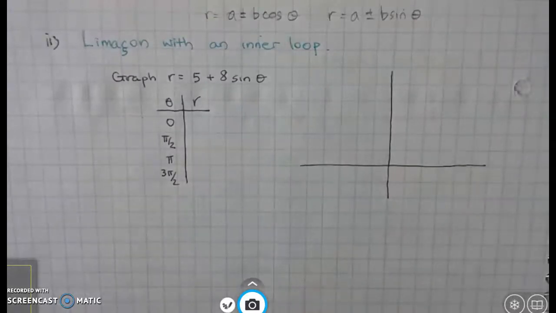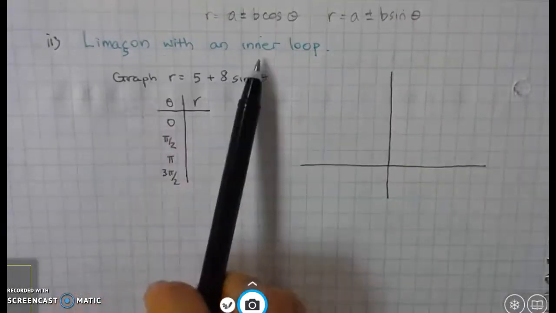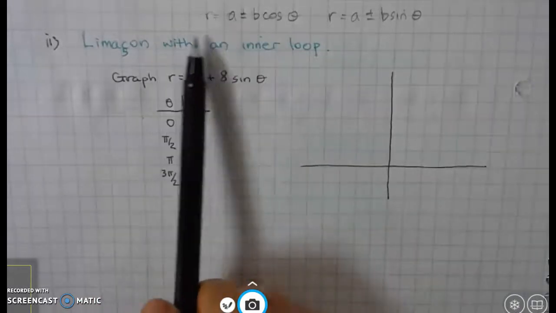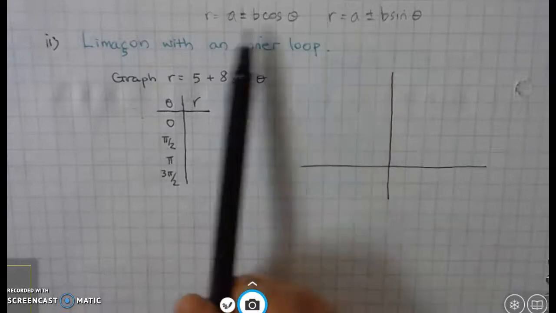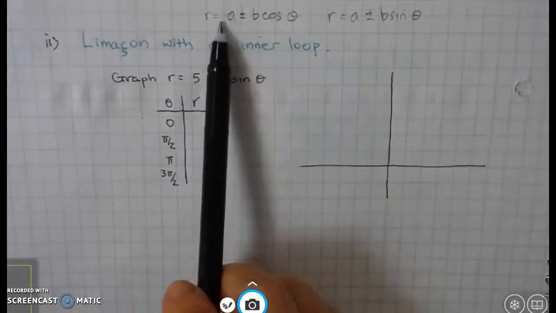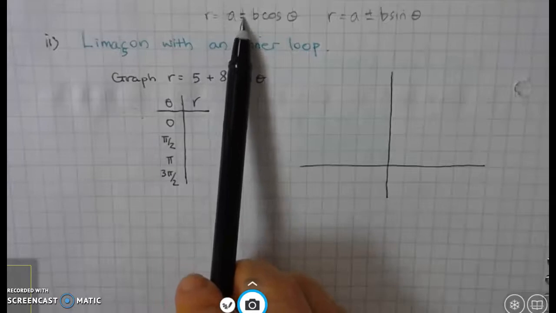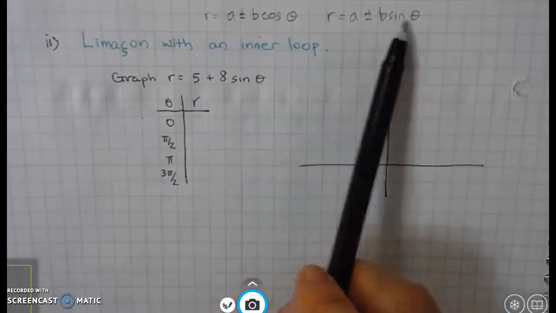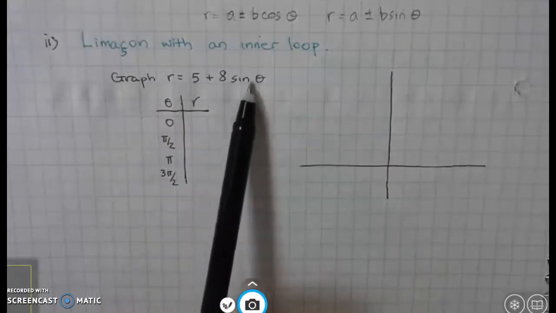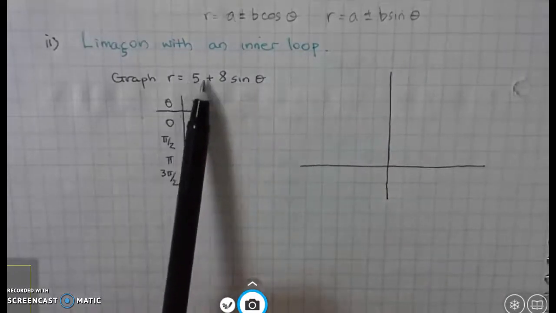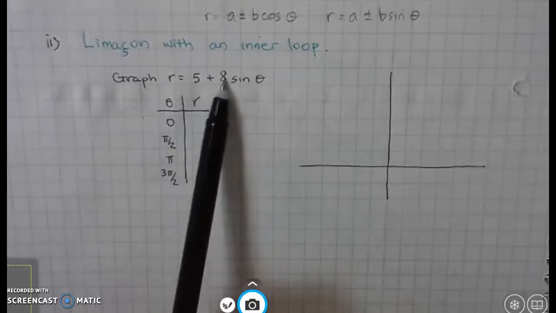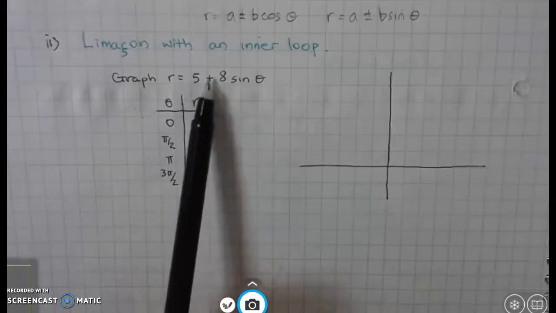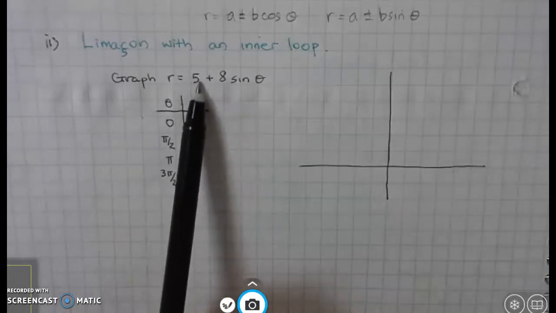Okay, next we're going to try to graph a limaçon with an inner loop. Okay, so remember, limaçons always have this structure for the formula. You have r is equal to a plus or minus b cosine of theta, or r is equal to a plus or minus b sine of theta. So this time let's try to graph a sine of theta. What's special about this is that, remember with the cardioid, these two values were the same, but this time they are not the same.